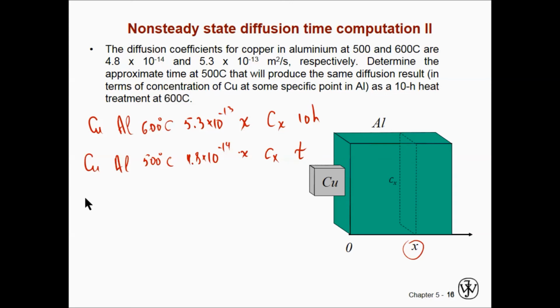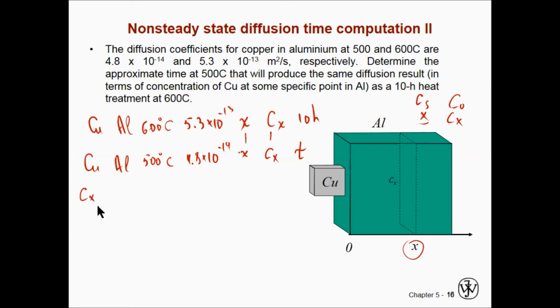So let's see, but remember, metals are the same. Host metal and diffusion species are the same, so conditions are the same. CS and C0 will be the same, X is the same, CX is the same. So it says that I want to reach the same.